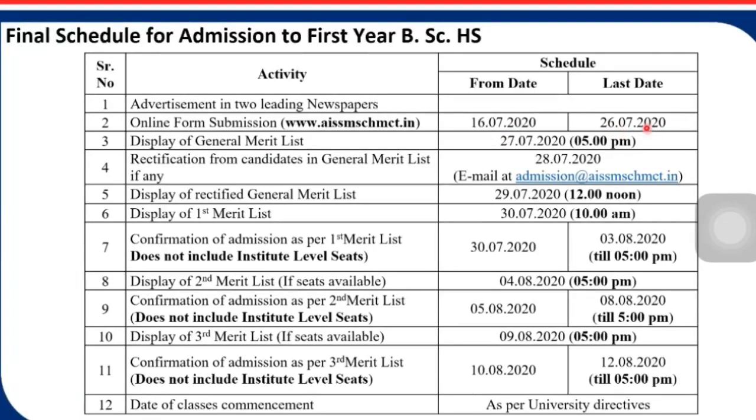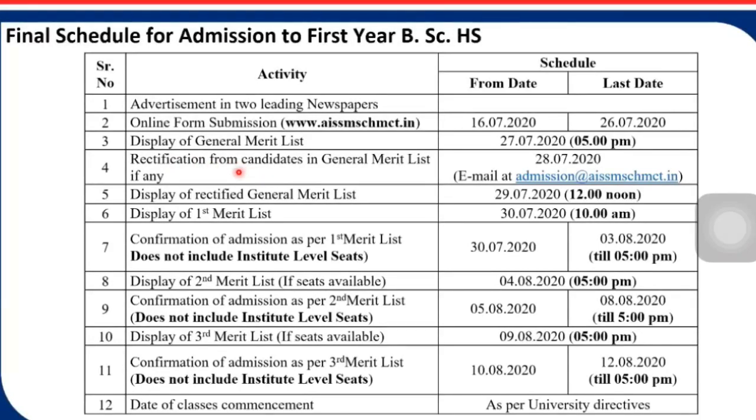Once the application forms are closed, we will display the general merit list on 27th July 2020 by 5 p.m. This general merit list will have all the applicants who have filled the form.